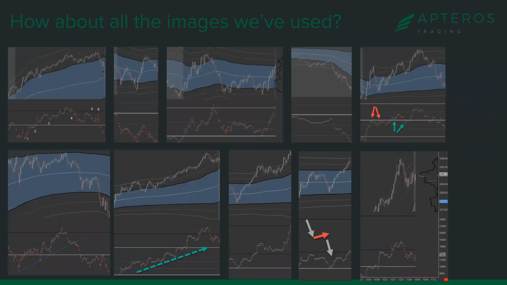Here's all the images that I've used in what I think is the entire presentation so far. Look at price hitting these levels, right? And I only looked at this after the fact.